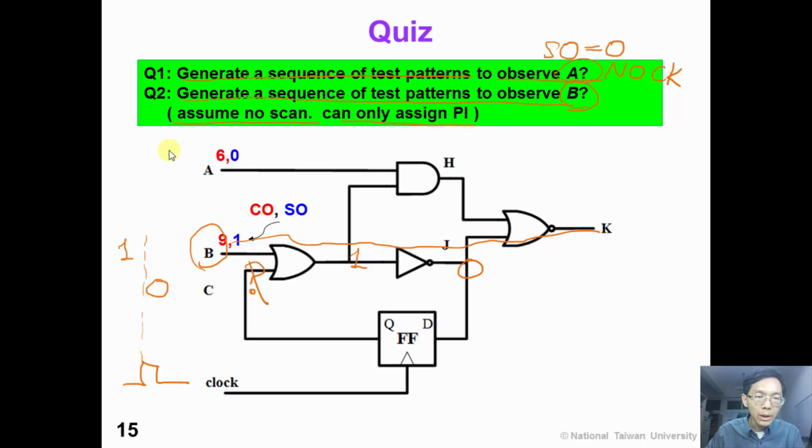At this time, in the second cycle, we can assign A to 1, and in this way, the value of B can be sensitized to the output K. This is why the SO of B is equal to 1. This means that we need 1 clock to observe the value of B. So now you understand the meaning of sequential observability.